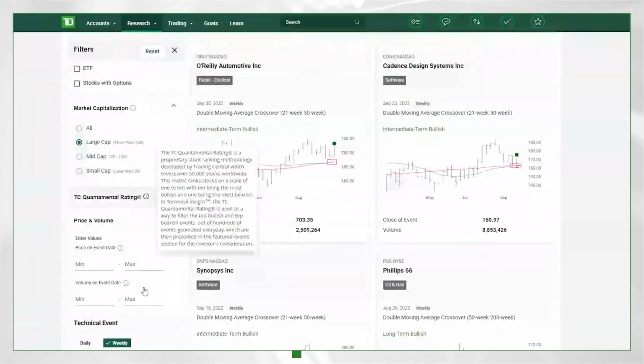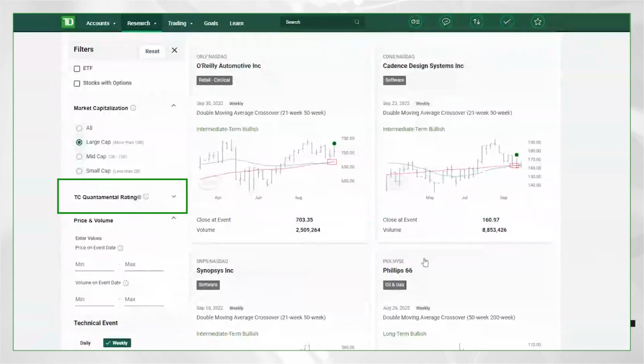Now, what screening metrics could an investor consider if they want to blend fundamental and technical analysis together in their research? Right, so this is called the TC Quantamental Rating. And this is a new proprietary stock ranking methodology developed in-house at Trading Central Labs. And the tool covers over 50,000 stocks worldwide.